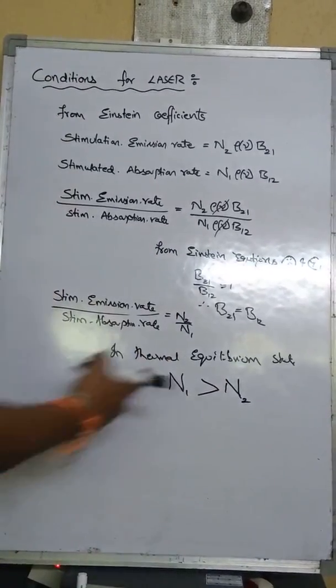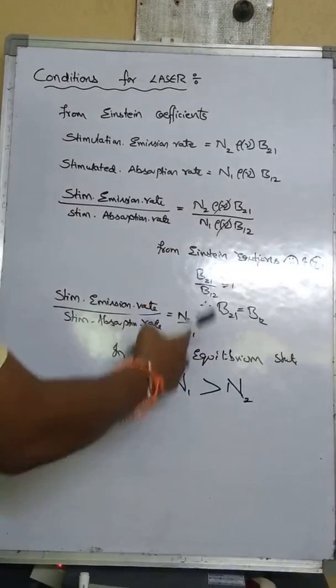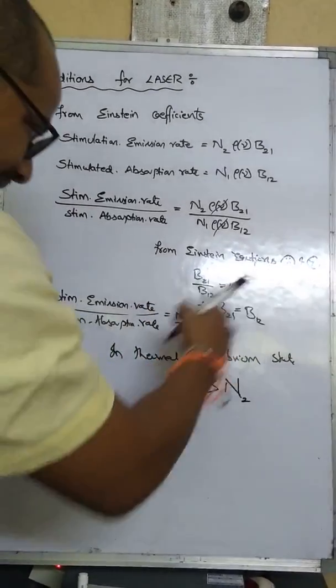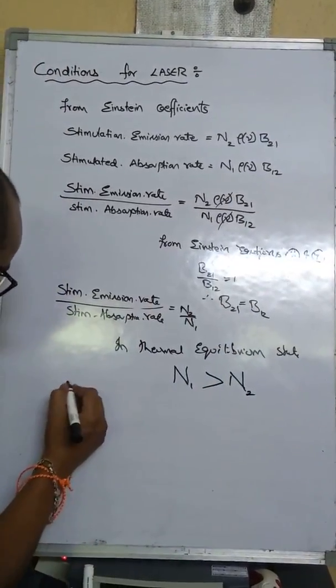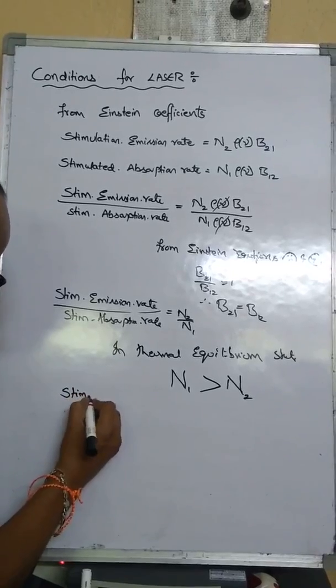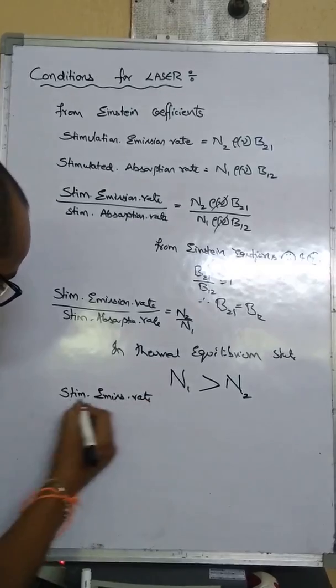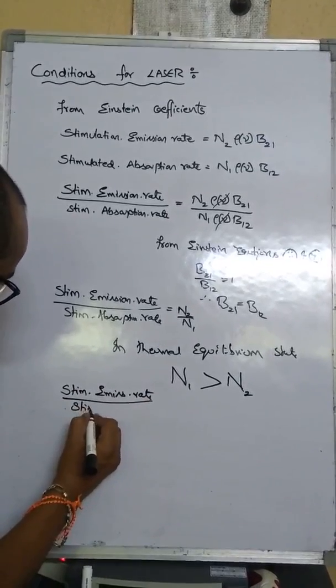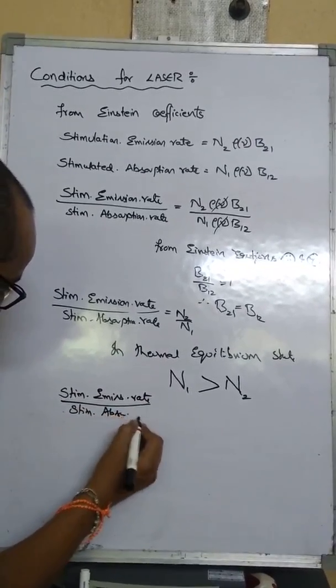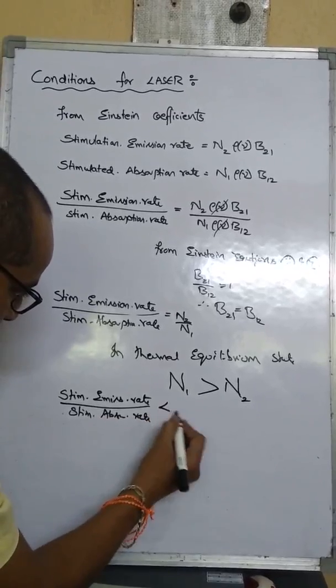The important condition in thermal equilibrium is N1 is greater than N2. As a result, the ratio N2 by N1 will be less than 1, obviously. Therefore, the stimulated emission rate by the stimulated absorption rate will be less than 1.